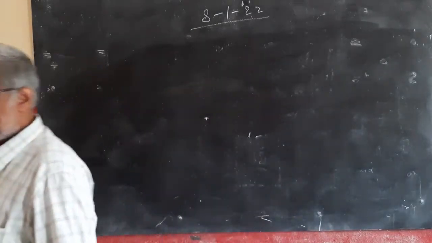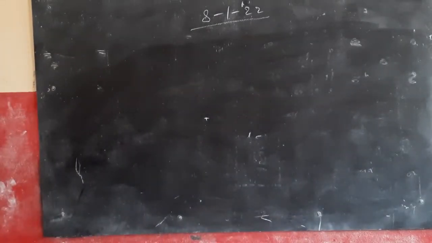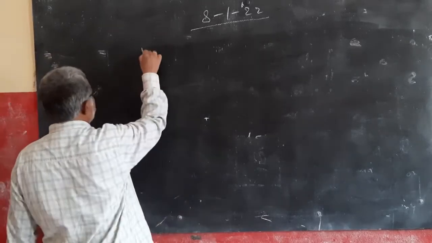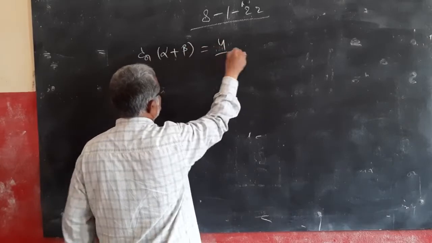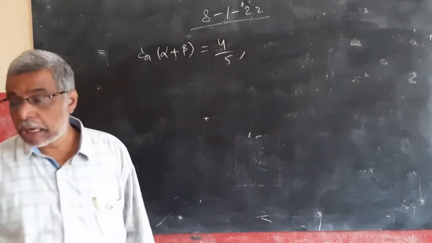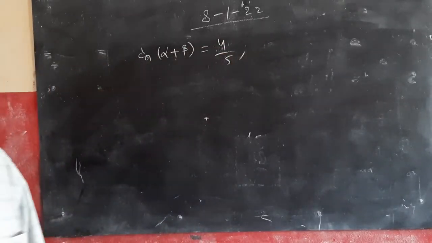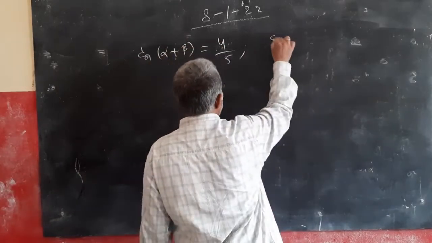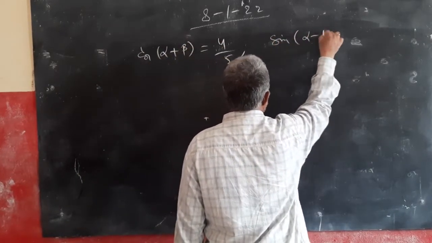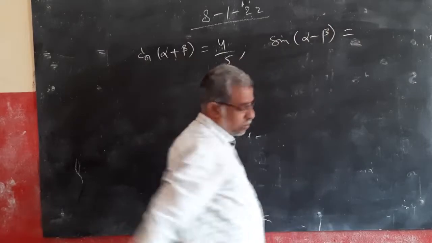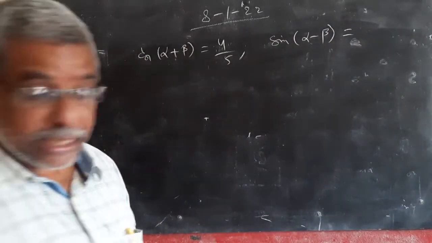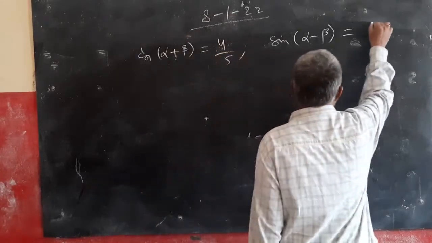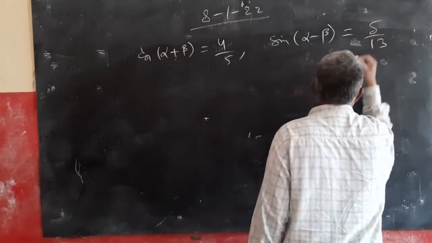What is given is cos of alpha plus beta equal to 4 by 5, and sin of alpha minus beta equal to 5 by 13.